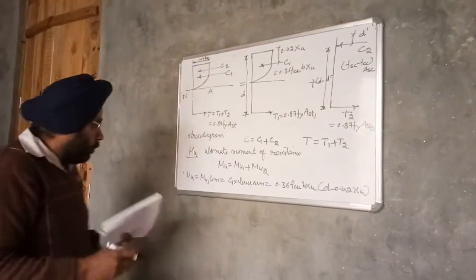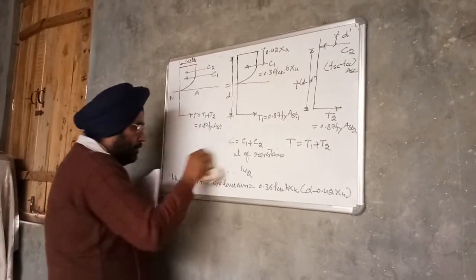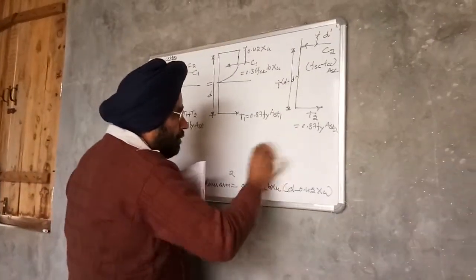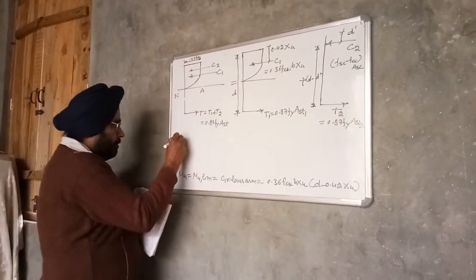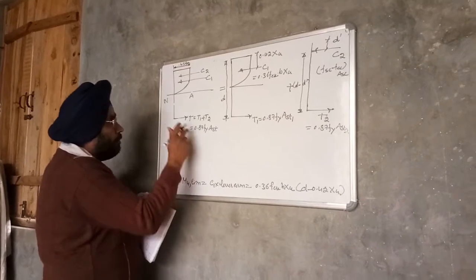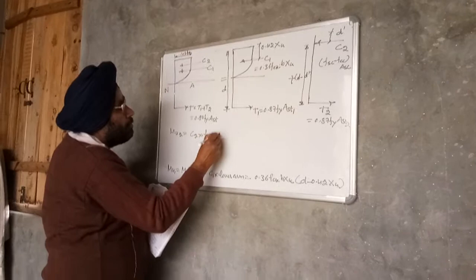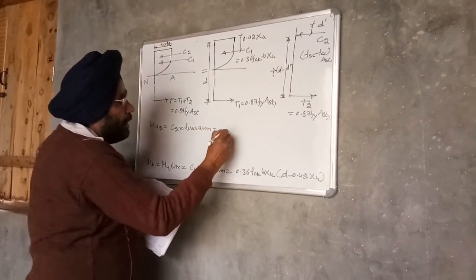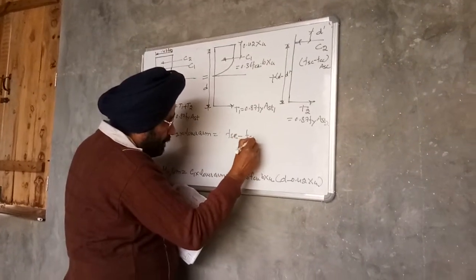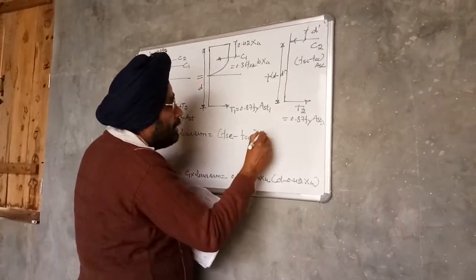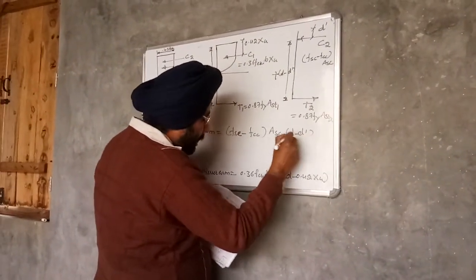Mu2, taking moments about T, is C2 into lever arm. C2 is (fsc minus fcc) into Asc, and the lever arm is d minus d dash.